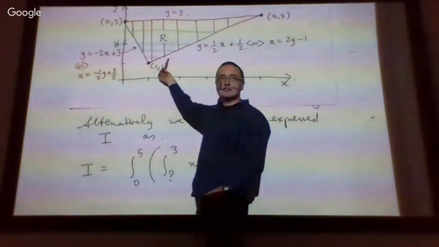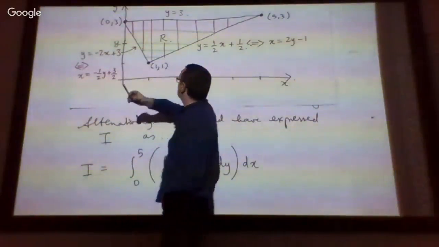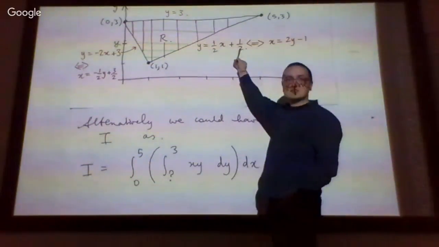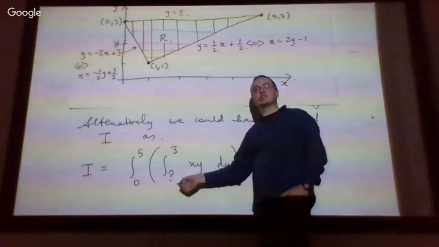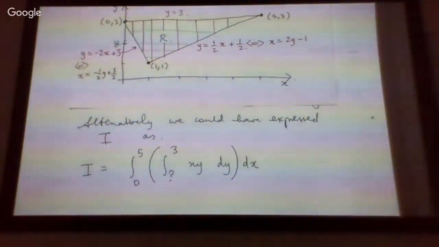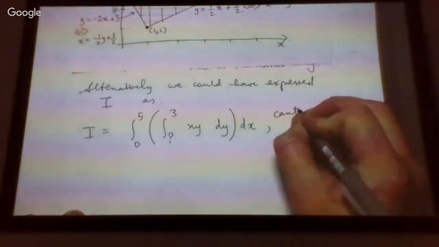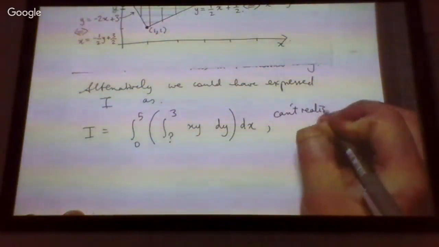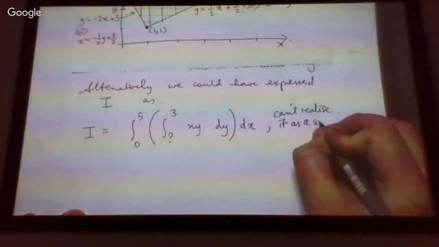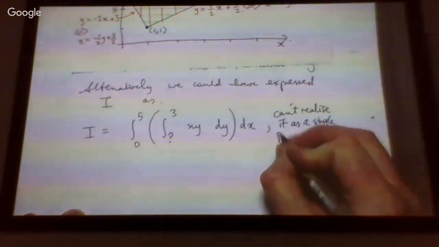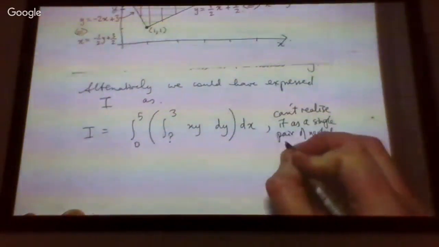So there's no single expression that you can put here that can capture that. Some of the time you want minus 2x plus 3, and the rest of the time you want a half x plus a half. So you just can't do it in a single expression. You need to break it apart. So we can't realize it as a single pair of nested integrals.